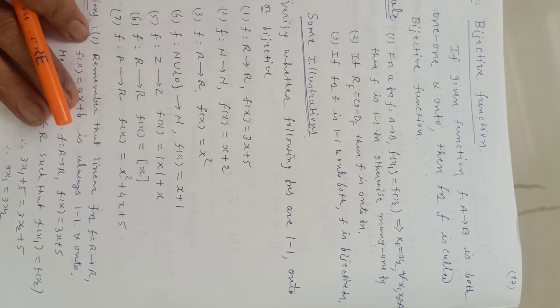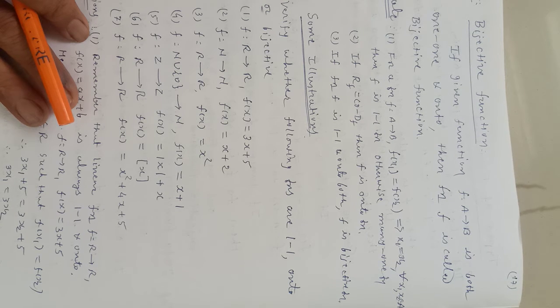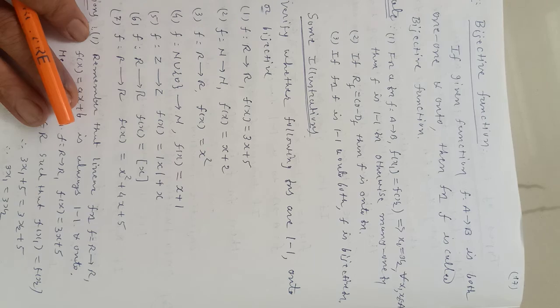That is, if a function is injective and also surjective, then f is called bijective. But suppose at least one of them fails: the function may be one-one but not onto, or sometimes not one-one but onto, or sometimes neither one-one nor onto. At that time we say it is not a bijective function. So for a bijective function, the function should be one-one and onto.